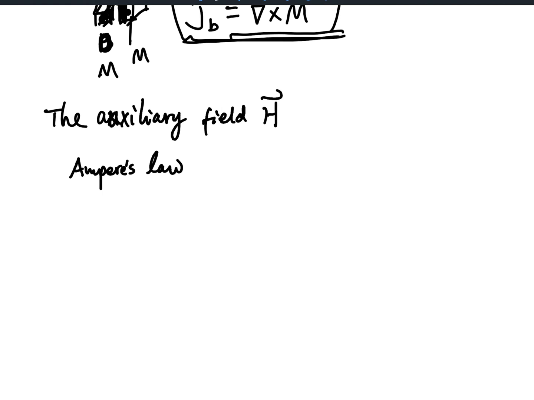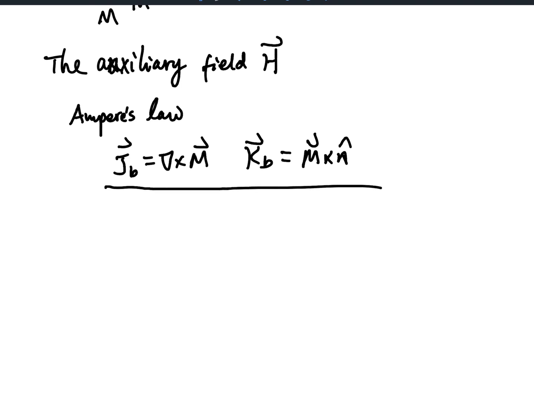But it's very hard to really control the bound currents, which include the bound volume current and the bound surface current. So we have J_B equals del cross M, and K_B, which is M cross n.